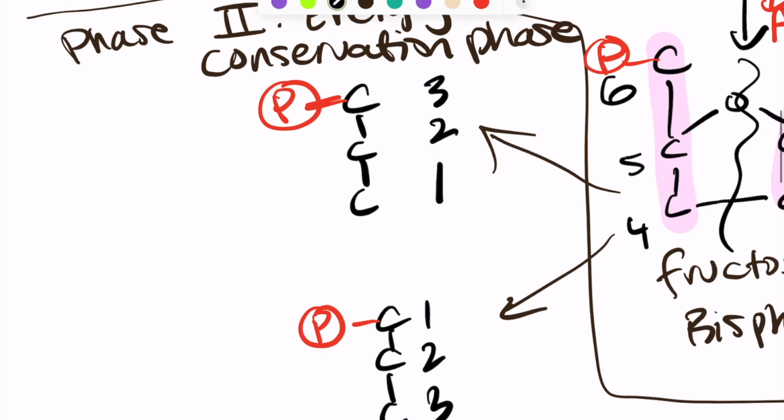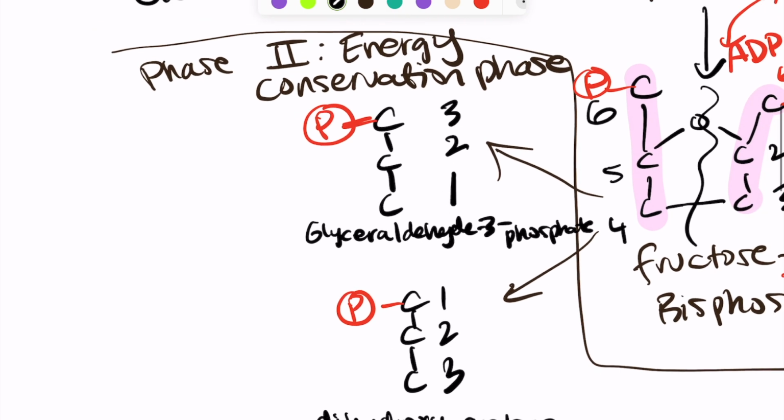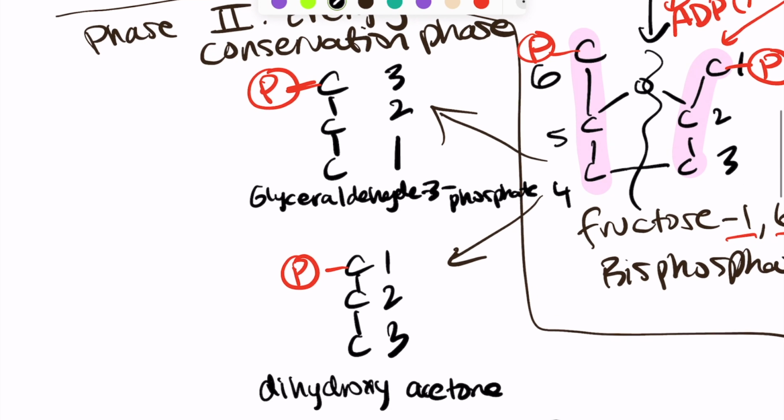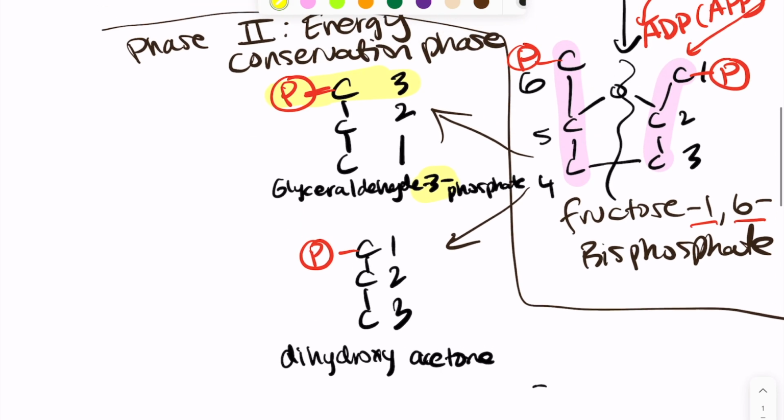And then the top one here is called glyceraldehyde 3-phosphate. Okay, so that's glyceraldehyde 3-phosphate, because the phosphate's on carbon number 3, so that's why it's glyceraldehyde 3-phosphate. And then down here is just dihydroxyacetone because the phosphate's on number 1.